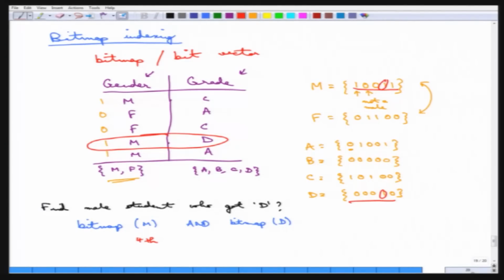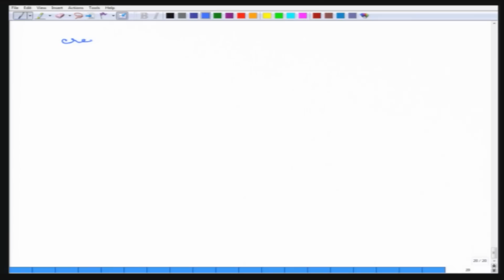To complete the indexing scheme, this is how things are done in SQL. In SQL, one can say create index I on R of A. That means create the index named I on the attribute A of the relation R. For example, one can say create index B index on branch B name.